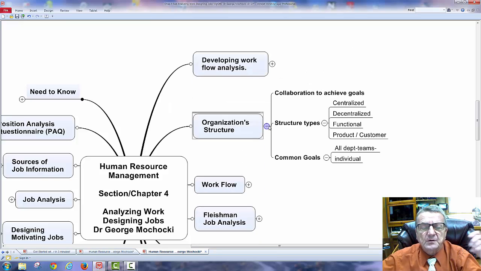The next one is organizational structure. Collaboration to achieve goals. Most organizations, as we talked about before in other classes in management and business, are very centralized. They are centralized for the core functions, the marketing, the finance, the accounting, all are centralized. But whenever they're dealing with customers, they're basically decentralized or in a flatter type of organization.